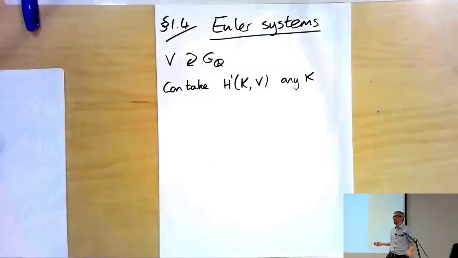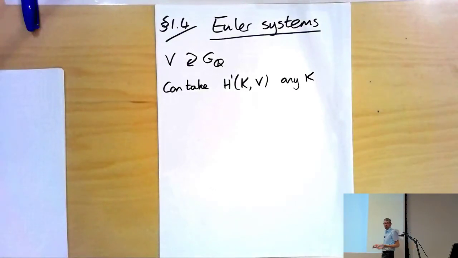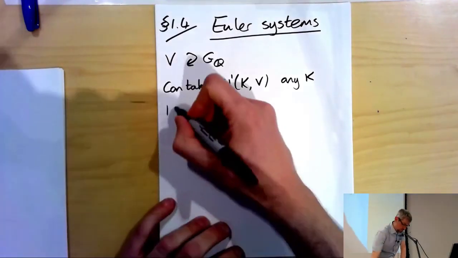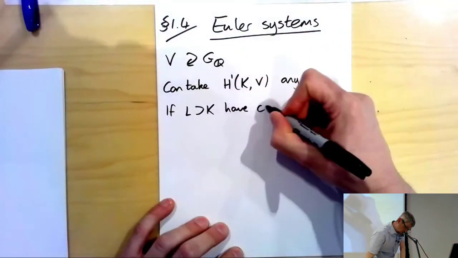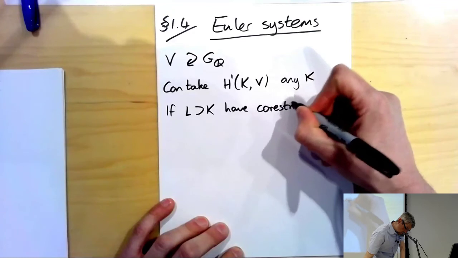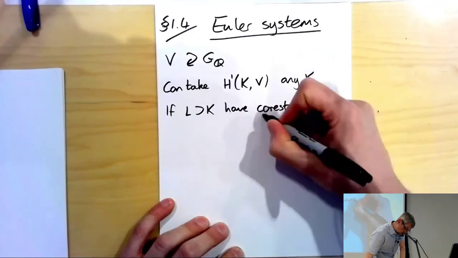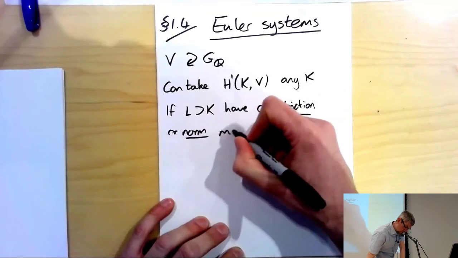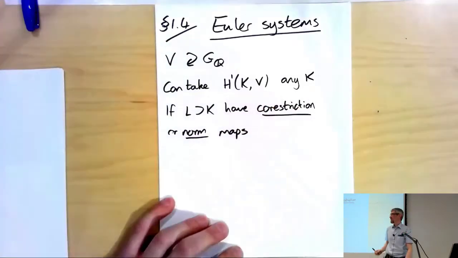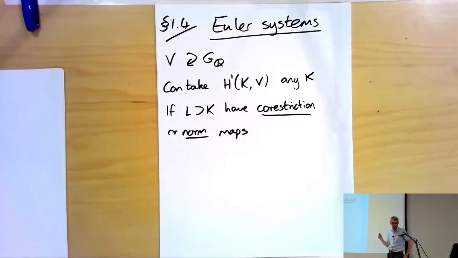And even though V starts out as a representation of G_Q, you can take the Galois cohomology of it after restricting it to any number field. And there are relations between these, and the key construction I need here is the norm map.